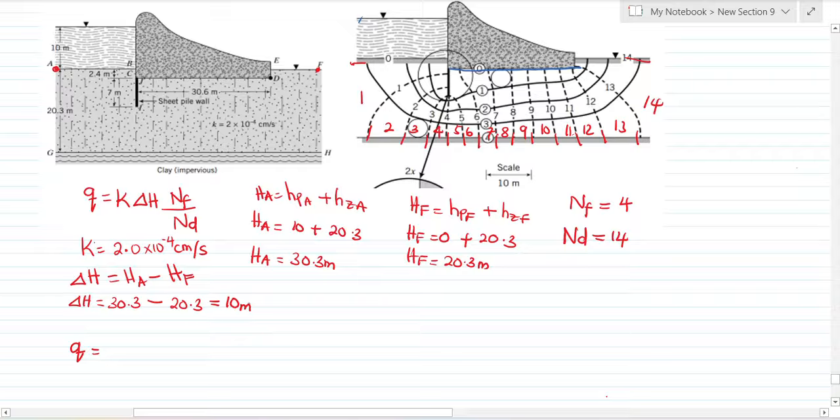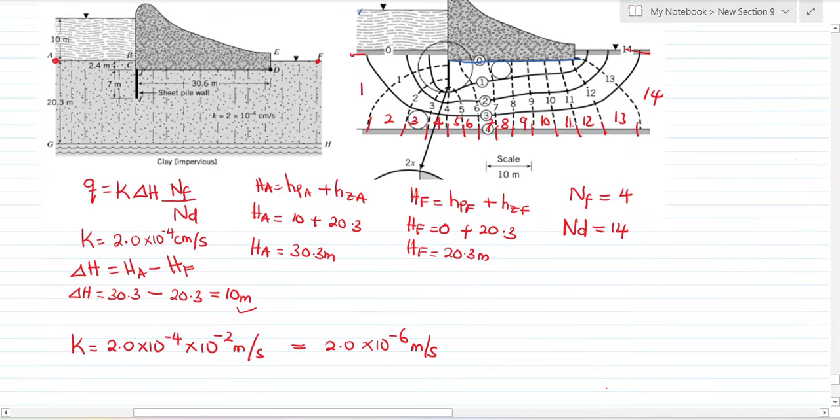Now, our head loss is in meters, and our hydraulic conductivity is in centimeters, so we have to make the units synchronize. I'm going to change the hydraulic conductivity to meters. 2.0 by 10 to the power negative 4 times 10 to the power negative 2 meters per second gives us 2.0 by 10 to the power negative 6 meters per second. So that is my hydraulic conductivity.